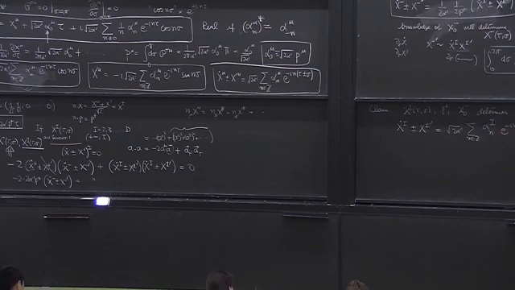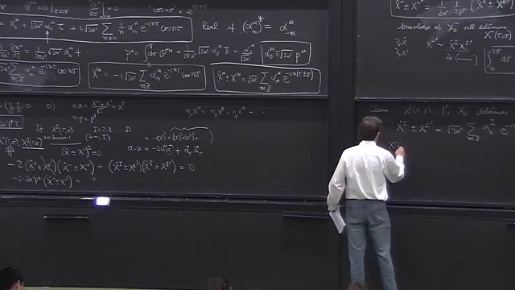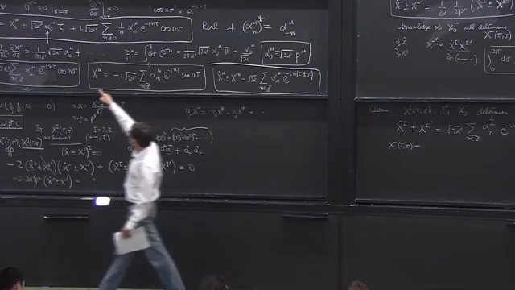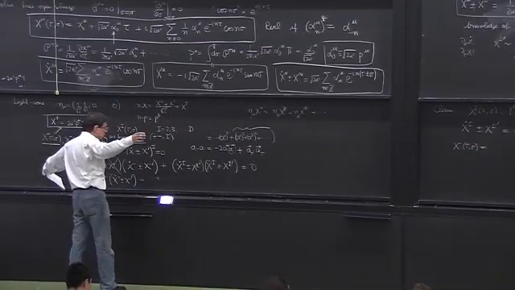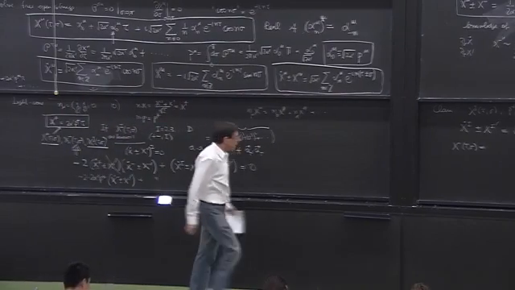Now, how about x minus? We want to figure out what x minus is. So, x minus of tau and sigma, given our general expansion. x minus is just another coordinate that needs to be solved. So, I will write it.